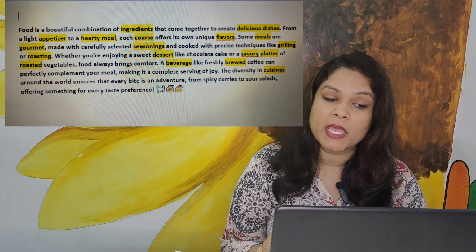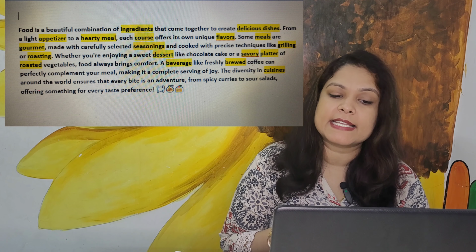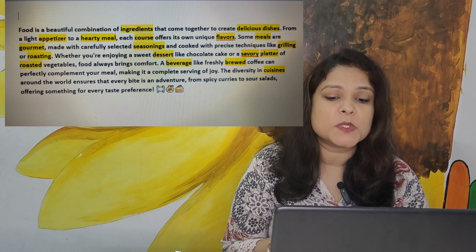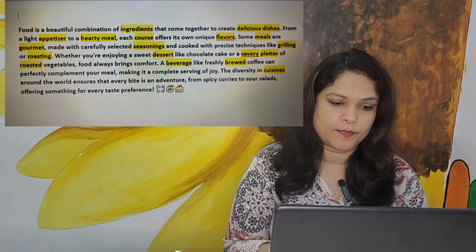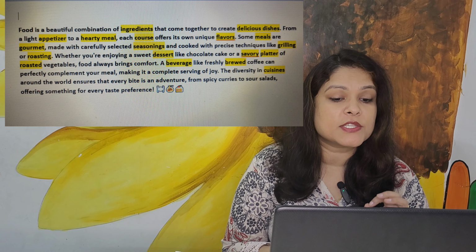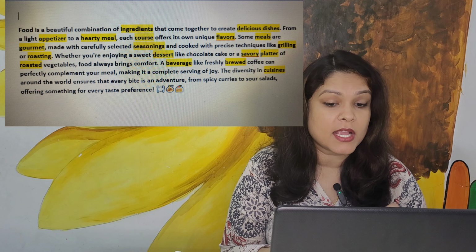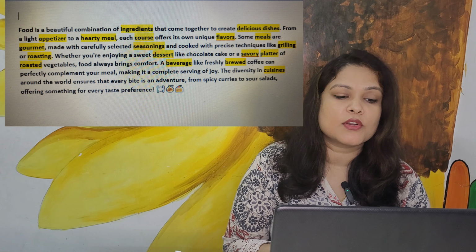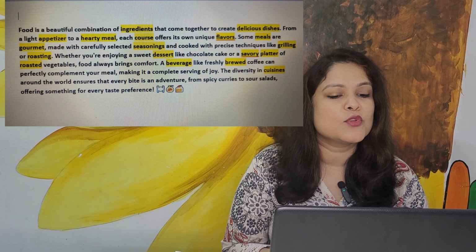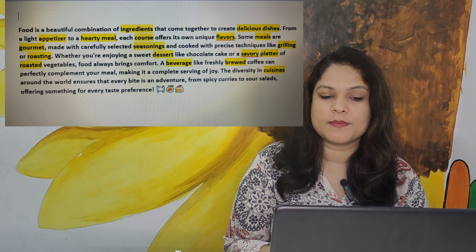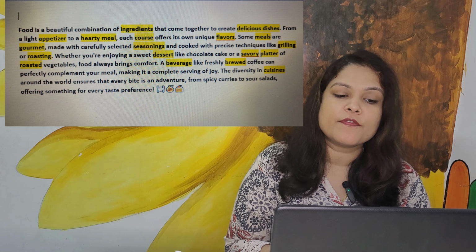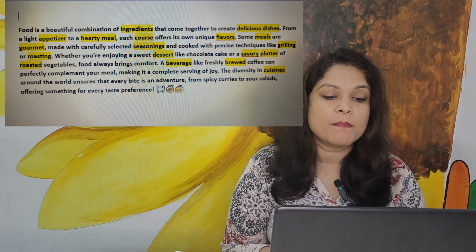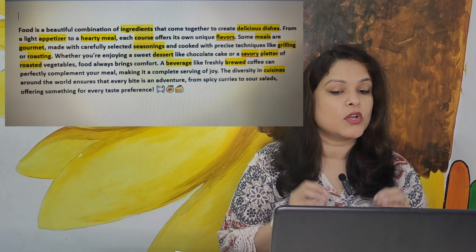Some meals are gourmet, made with carefully selected seasonings and cooked with precise techniques like grilling or roasting. Whether you're enjoying a sweet dessert like a chocolate cake or a savory platter of roasted vegetables, food always brings comfort. A beverage like freshly brewed coffee can perfectly complement your meal, making it a complete serving of joy.